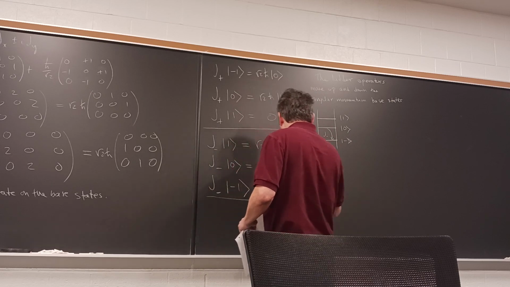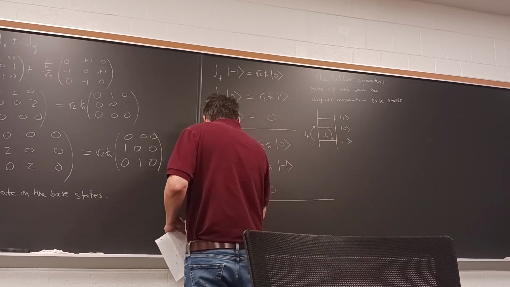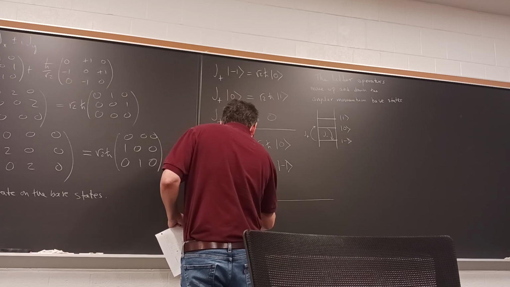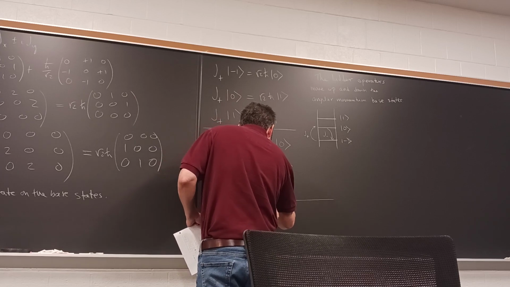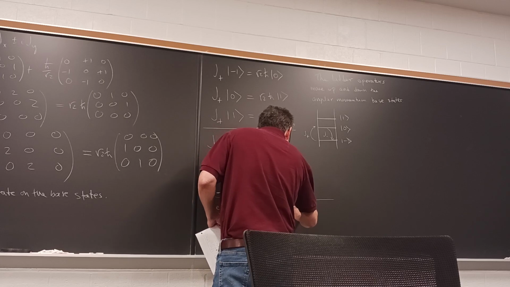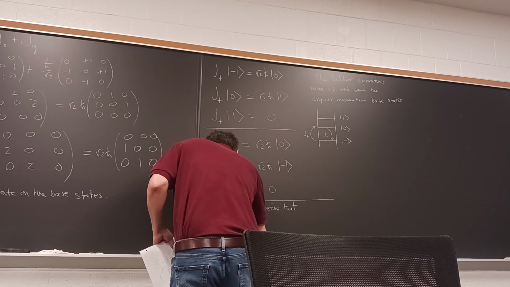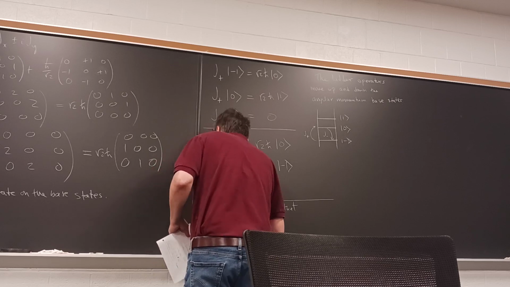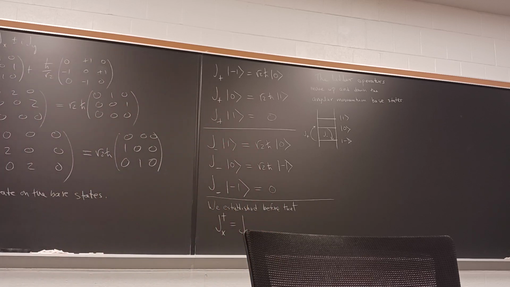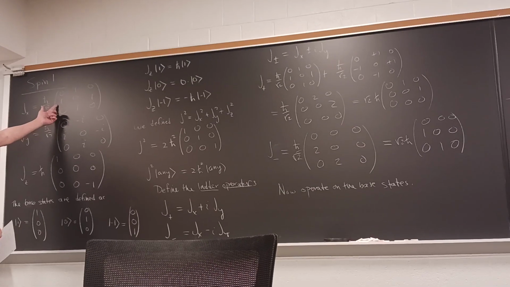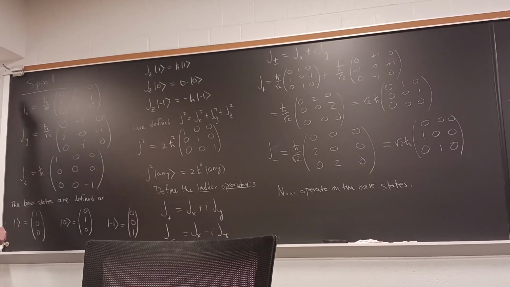Okay, now we established before that Jx dagger is equal to Jx. So that's obvious for Jx because the transpose of this matrix is the same and there's no complex numbers.